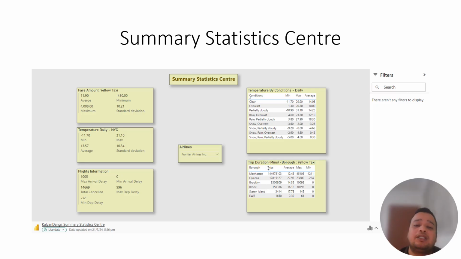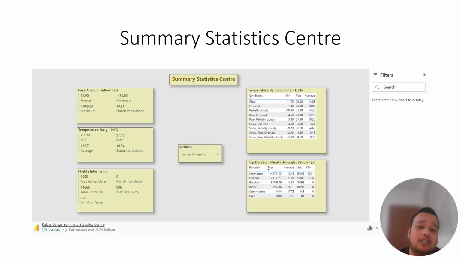For daily temperature in New York City, the average temperature is 30.57, with a minimum of minus 11.70 and a maximum of 31.10. The standard deviation is 10.34, reflecting the range of temperature fluctuation.